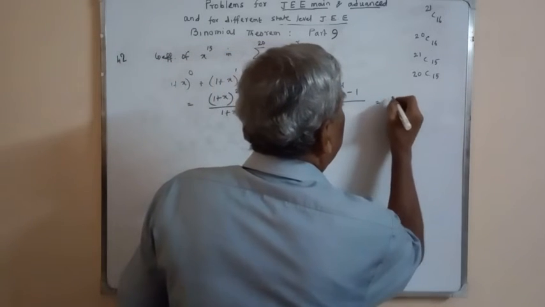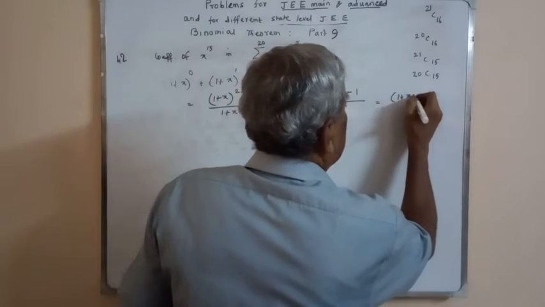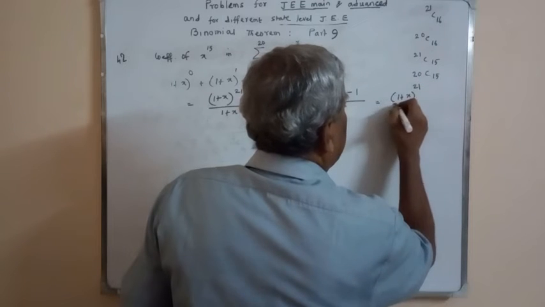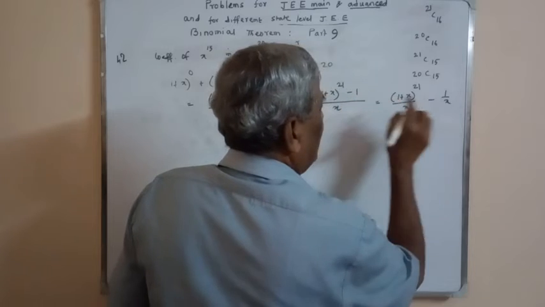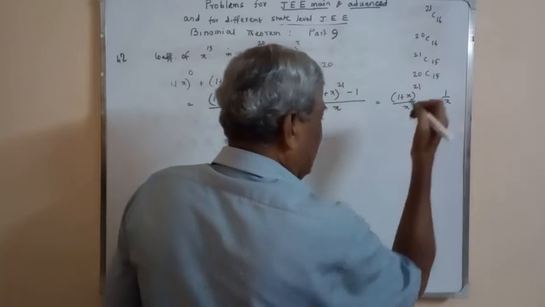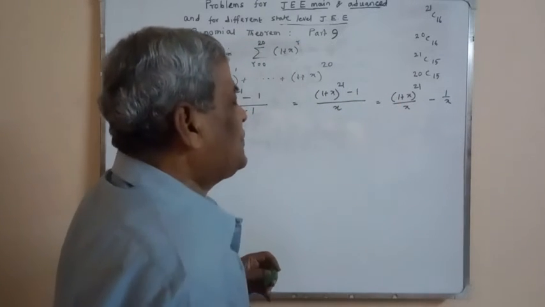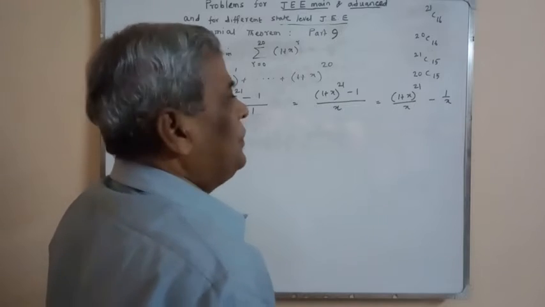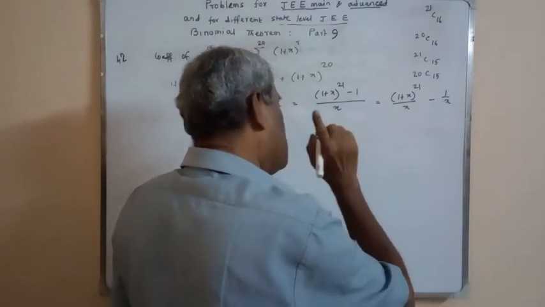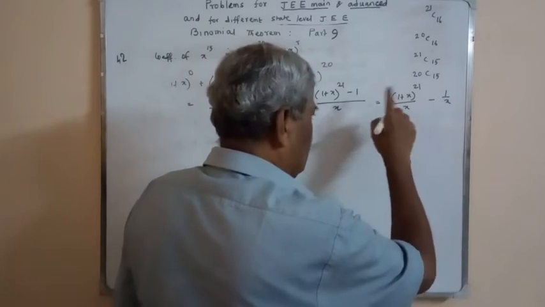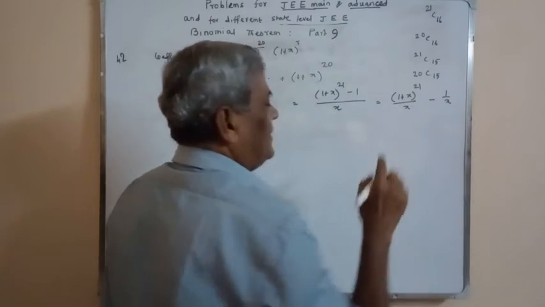Actually, it is (1 plus x) to the power 21 by x minus 1 by x. The second term must not contain x to the power 15. So we have to find the x to the power 15 coefficient from the first term.